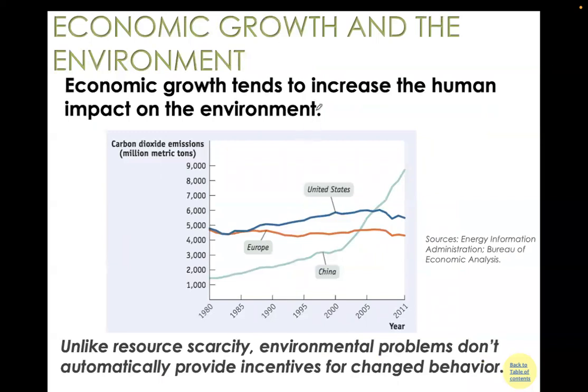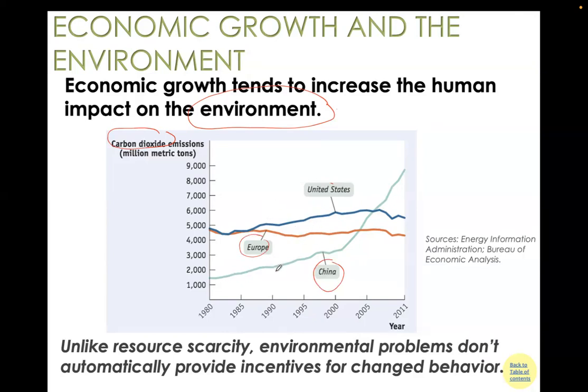But on the other hand, what's the impact on the environment? To understand the impact on the environment, we can look at carbon dioxide emission. This is one measure. And then we can look at different countries: the US, Europe and China.